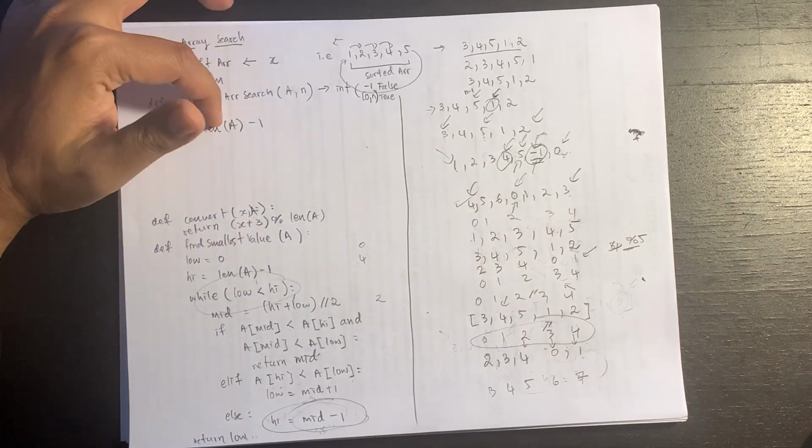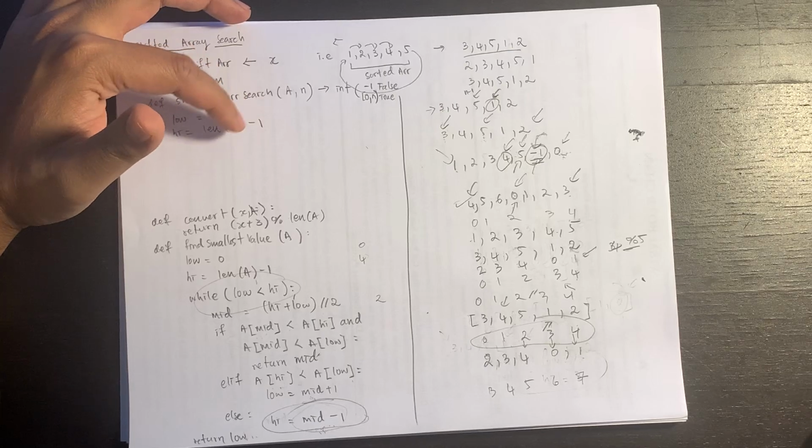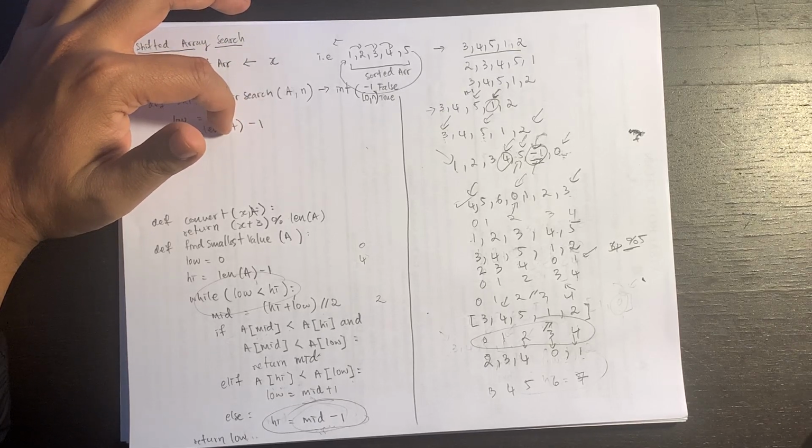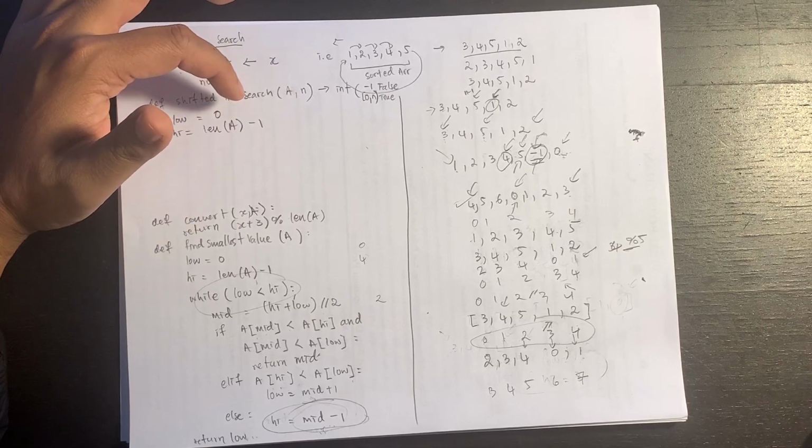So this will be 3, and this would be what?